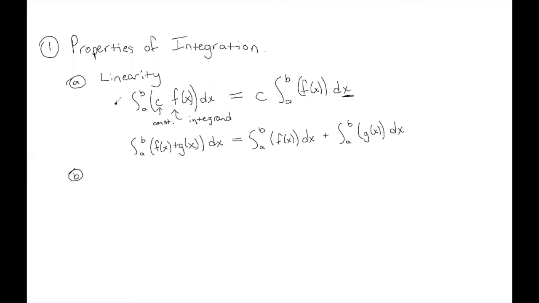Now, if I have the integral from a to b of f of x with respect to x, I can rewrite this as the negative integral from b to a of f of x with respect to x. So if I flip the bounds, I can correct for it by putting a negative. Every time I want to flip, I have to put a negative out front. I don't know what the official name of that is, but fine.